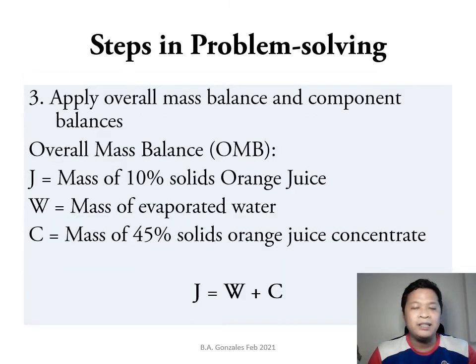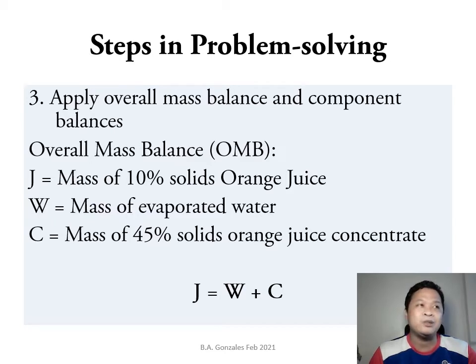Okay, so meron tayong tinatawag na OMB or overall mass balance. Ibig sabihin lang nito, once you've drawn the process flow diagram, then you enclose it in one large box na na-enclose lahat ng processes. Yung OMB or overall mass balance ay yun lang lahat ng arrows na pumapasok at lumalabas doon sa box, at yun yung gagawin mong equation.